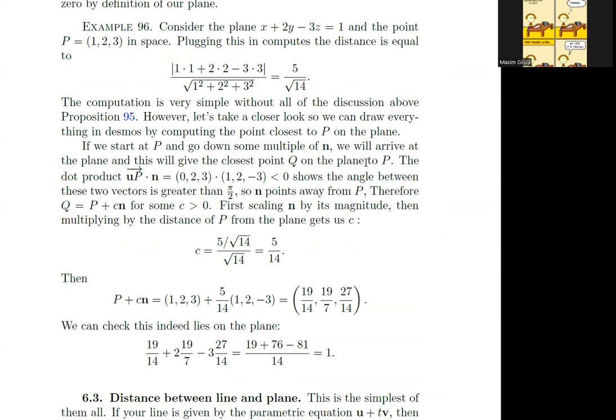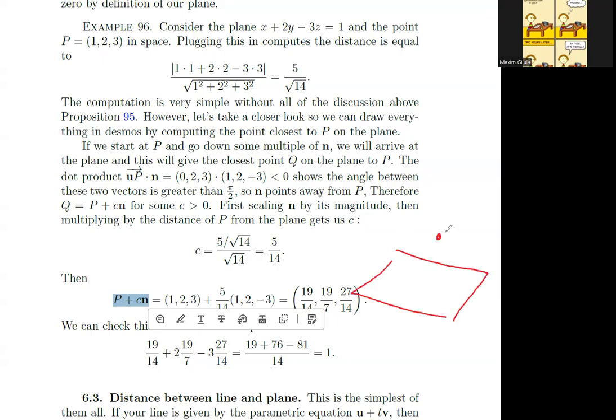You could also figure out what the point is that's closest to P. It's going to be P plus some multiple of N. So P lies here. And if I add some multiple of N, then I'm going straight down. I just need to figure out what this multiple is. And the idea is that you take the distance of P, so the distance should be 5 over root 14.